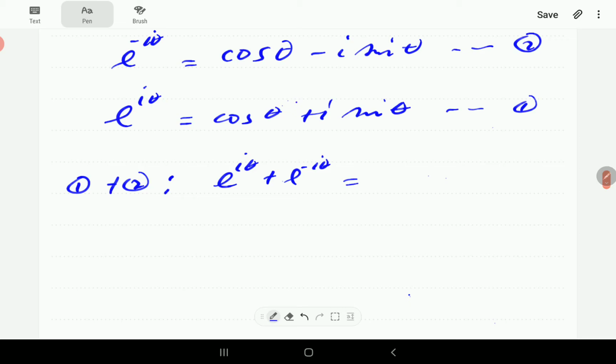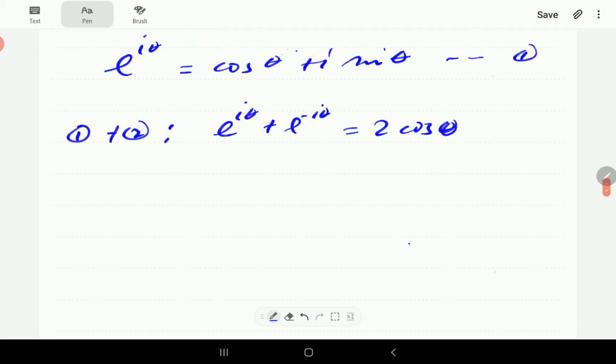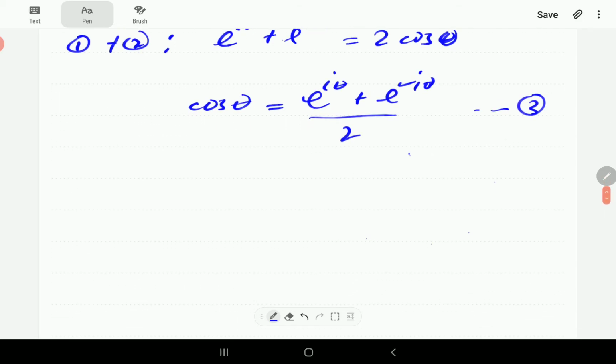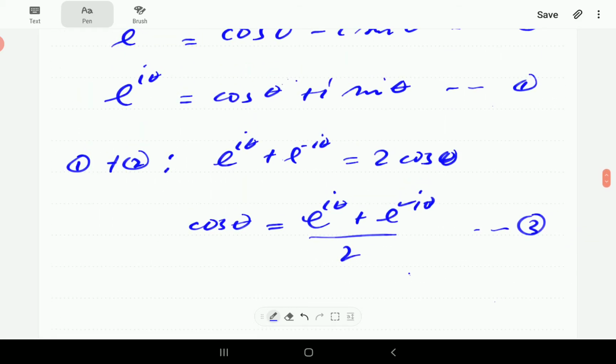So we're going to have e to the i theta plus e to the minus i theta is 2 cosine theta. Then from here, if we make cosine theta the subject of the formula, this gives us a formula that defines cosine in terms of exponential functions. So cosine theta is e to the i theta plus e to the minus i theta over 2.